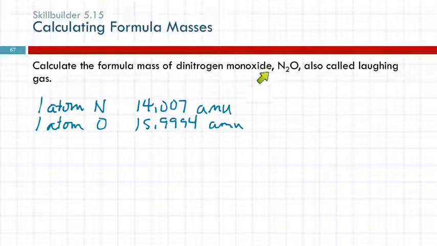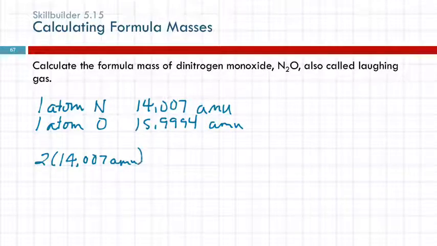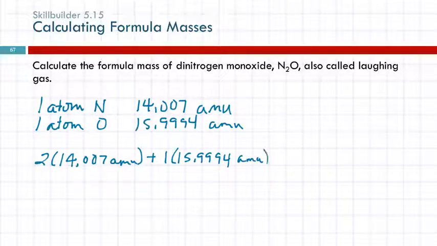So if we want to know how much 2 nitrogens and 1 oxygen weigh, we just take the mass of the nitrogen atoms times 2, and we add the mass of 1 oxygen. We're just adding up the masses of each of the atoms that are in this formula.